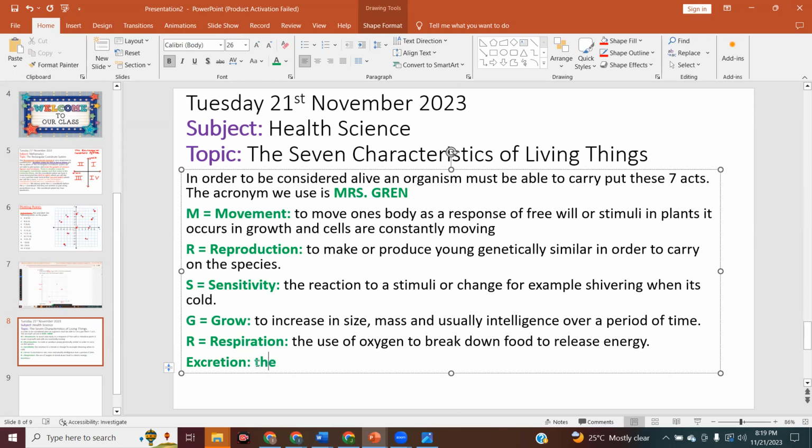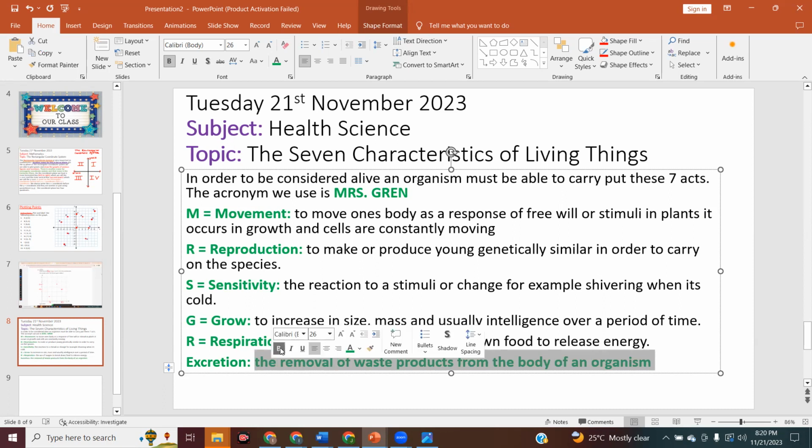The removal of waste products from the body of an organism. Mr. Petit, you could get the O and the of often the removal. Removal of, thank you. The removal of waste products from the body of an organism.